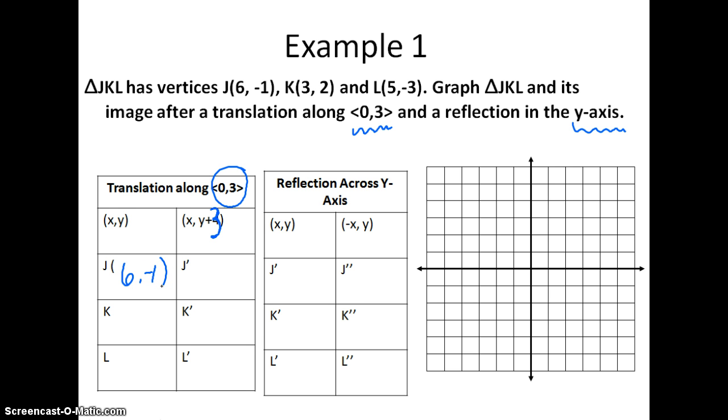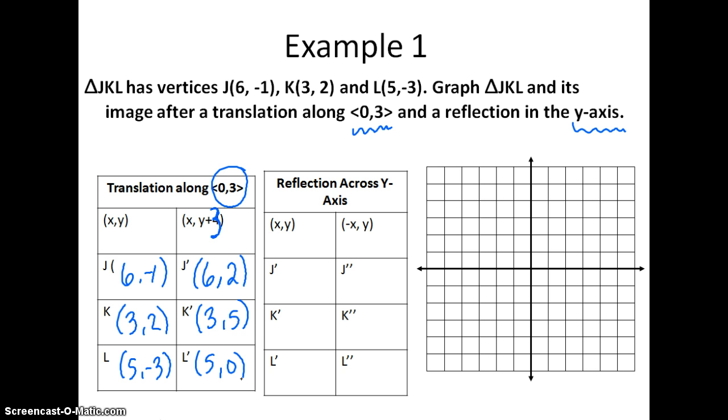When I add 3 to my y value, my next point will be 6, +2. Then our next point is 3, +2. When I add 3 to my y value, it will be 3, 5. And then 5, -3 will become 5, 0.